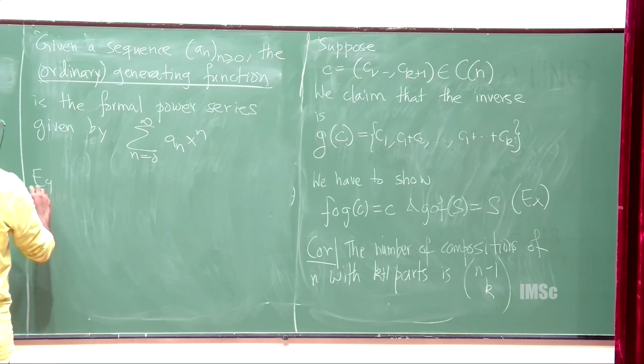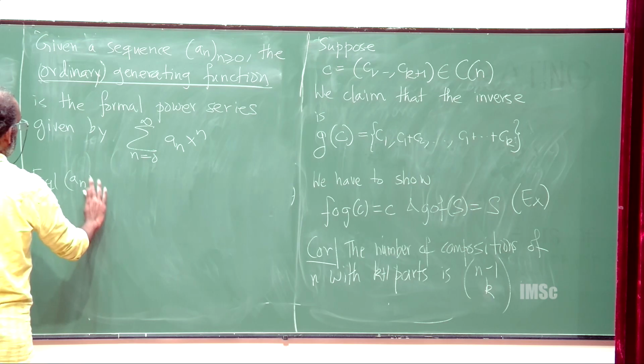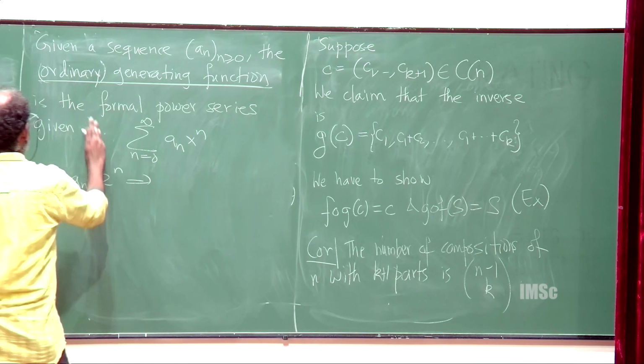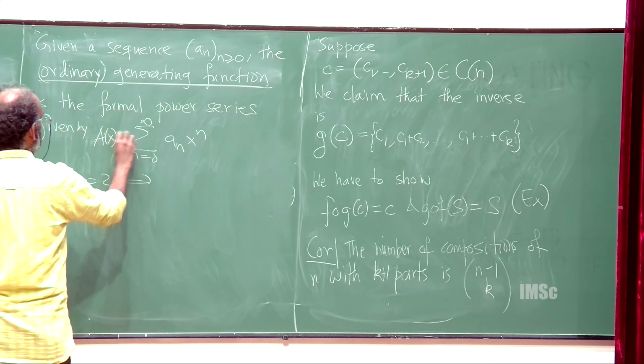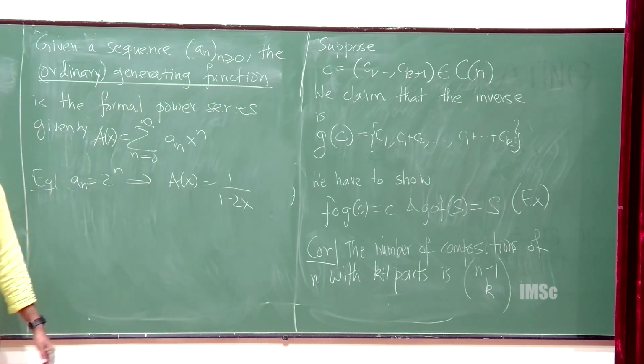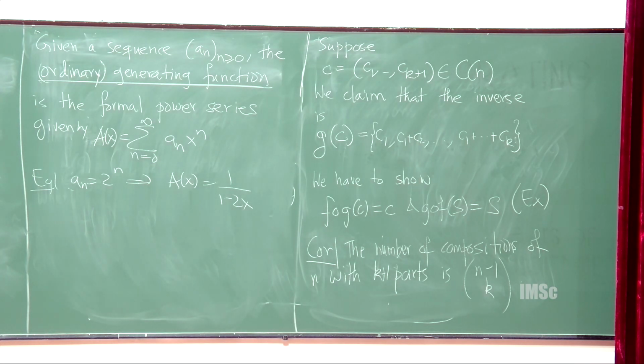So for example, for the sequence a_n, if a_n is 2^n, I will call this capital A(x). So capital A(x) is 1/(1-2x). So this generating function in this compact way encapsulates the entire sequence, right, because I can do a Taylor series, or in this simple case it's a geometric series, but I can just expand and look at the coefficient of x^n, and it will tell me a_n.